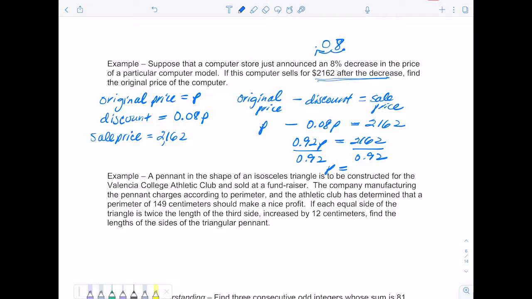And when you do 2162 divided by 0.92, you get 2,350. So that's the original price. The original price of the computer was $2,350. So that was before the discount was applied.